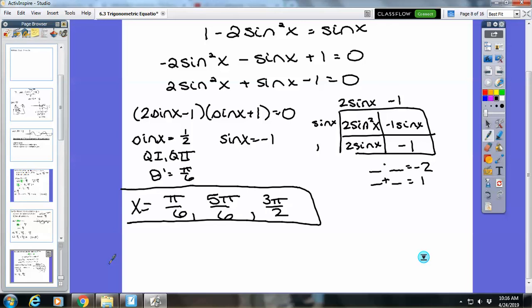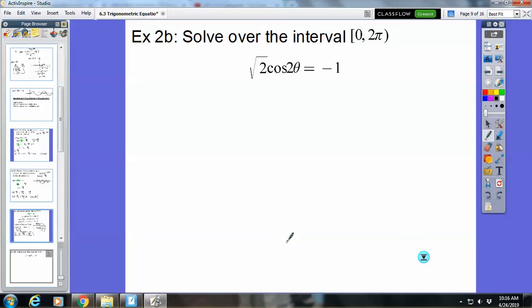Questions here? Let's try a couple more. So this problem, we could use a formula, but would we have to?